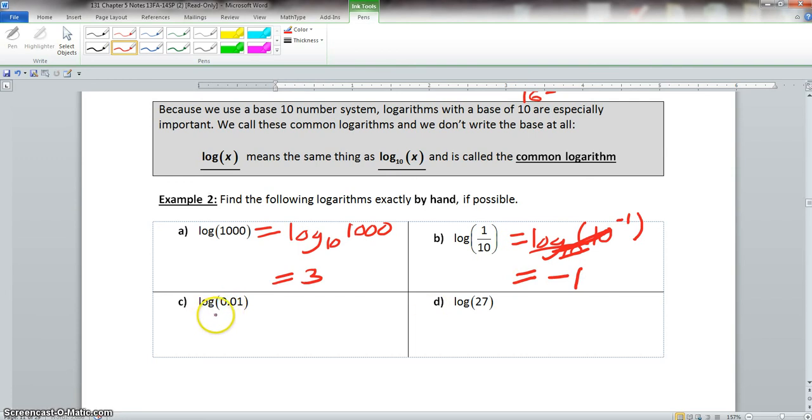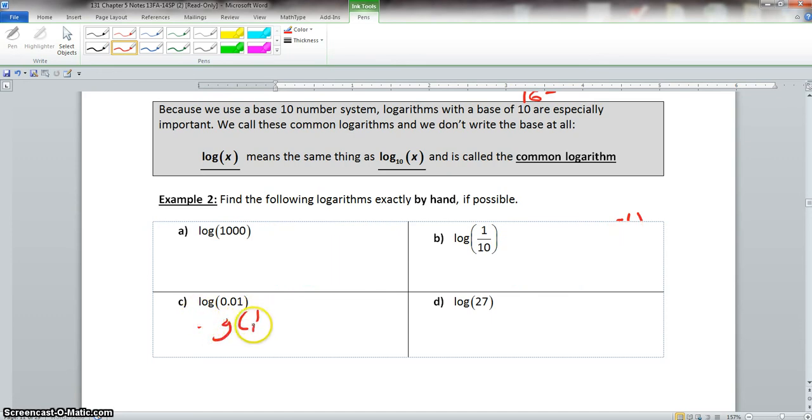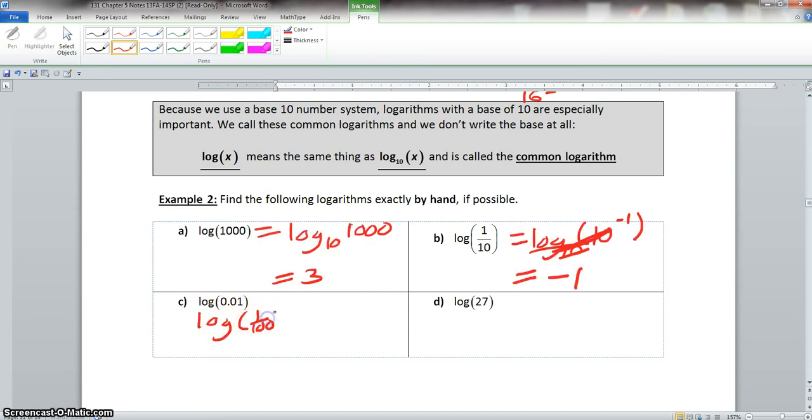Now we come here, we have log of 0.01. Now we know that this is 1 over 100. So this is log of 1 over 100, which is the same thing as saying log base 10 of 10 to the -2 power.